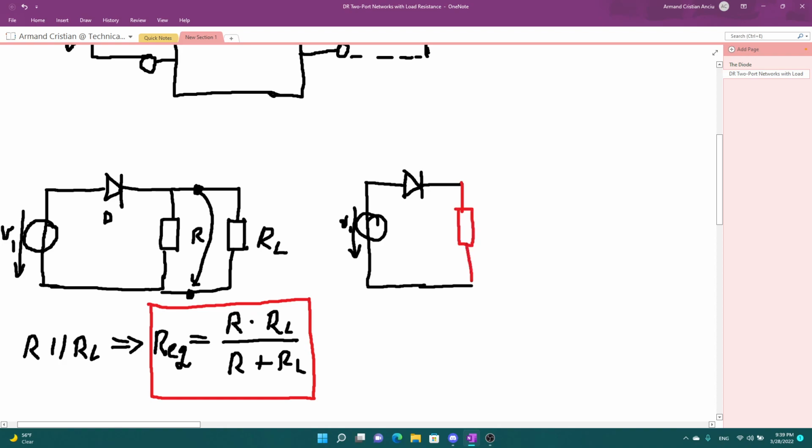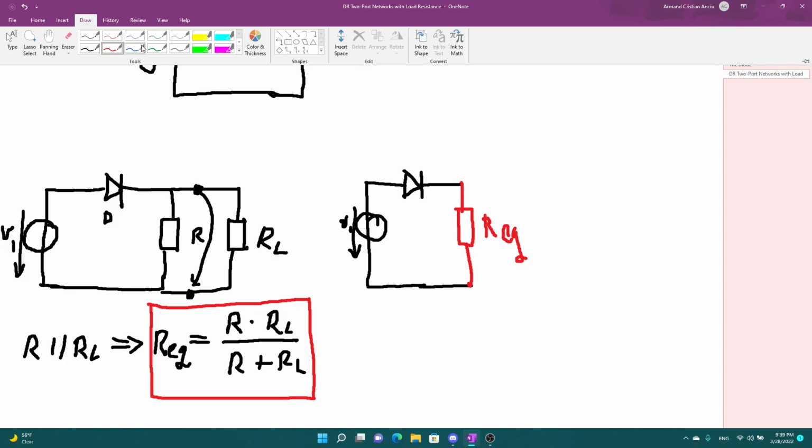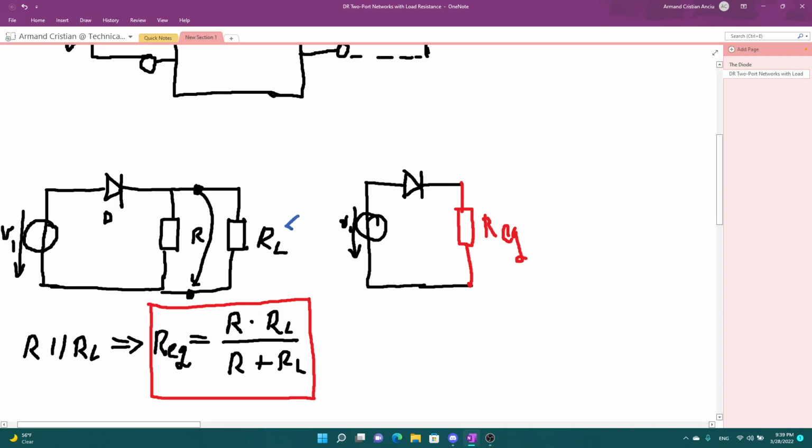So this is our equivalent. It should be the same thing, and it is, as we're going to see through simulations.